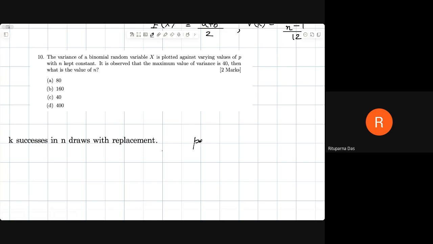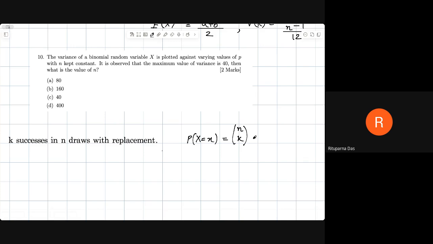The PMF will look like this: P of X equal to x is nCk, because we said k successes, so we are choosing k out of n for success.